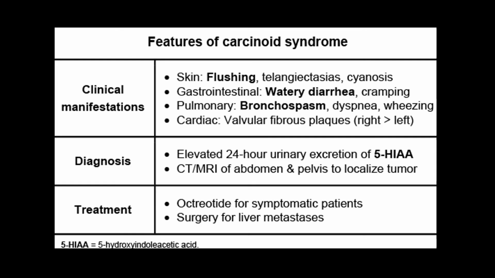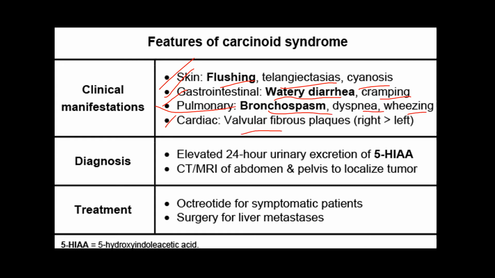Now this slide represents some of the features of the carcinoid syndrome. The clinical manifestations of the skin include flushing, telangiectasia and cyanosis. The GIT findings include watery diarrhea and cramping. The pulmonary findings include bronchospasm, dyspnea, and wheezing.